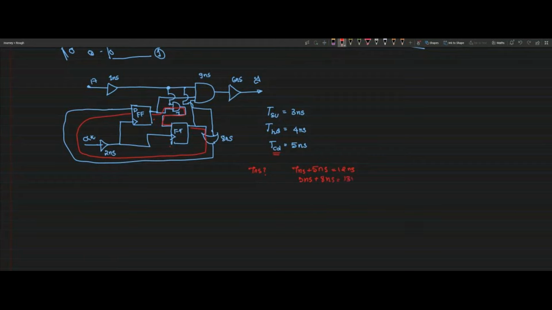It is 13 nanosecond. So these are actually which path? Register to register paths. Reg to reg path.